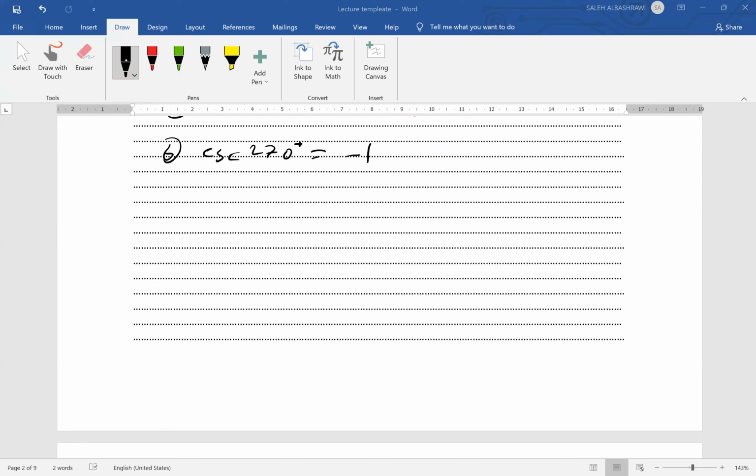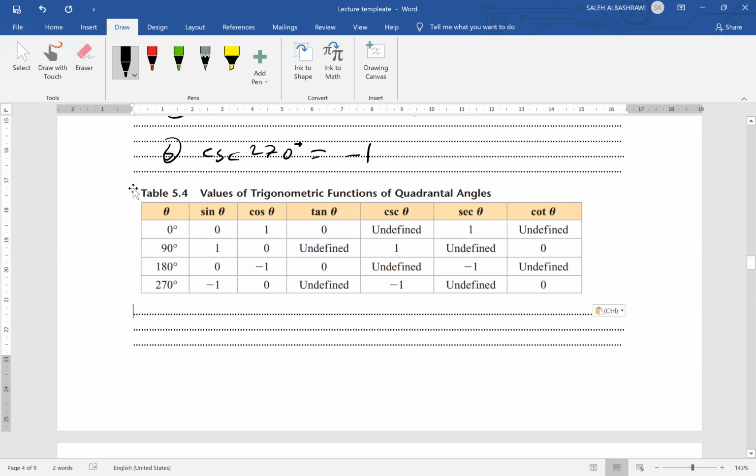And as a summary, we can write this table to give all the 6 trigonometric values. So this is the summary for all the 6 trigonometric functions for the quadrantal angles: 0, 90, 180, and 270.